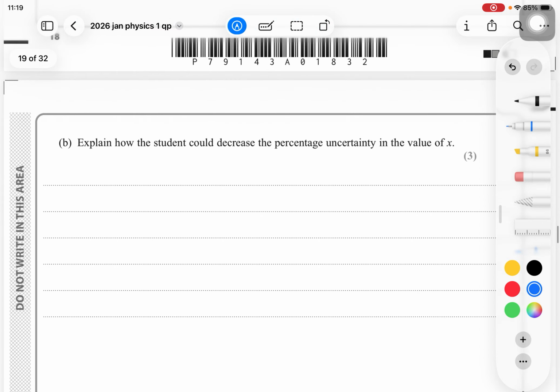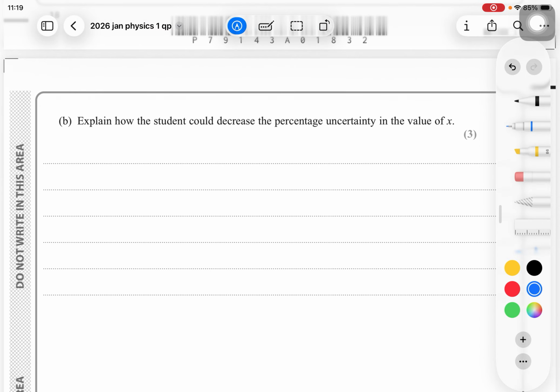Let's say, explain how the student could decrease the percentage uncertainty. Now they're talking about decreasing it, and to decrease it we have multiple options.